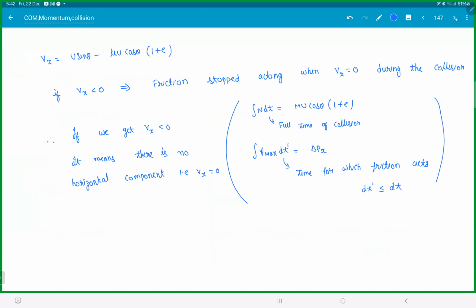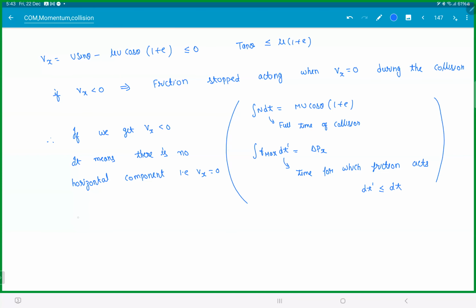So that happens for a very specific case. If you put Vx less than or equal to 0, mu will cancel, and tan theta is less than or equal to mu into (1 plus e). That is the condition there.